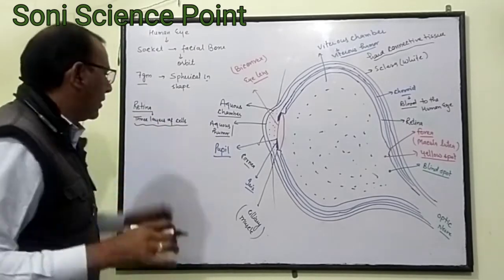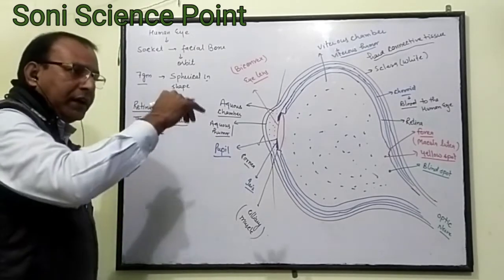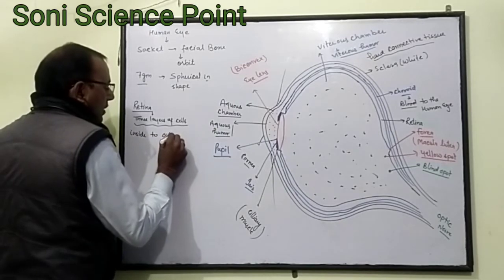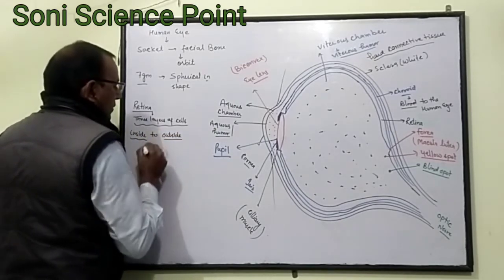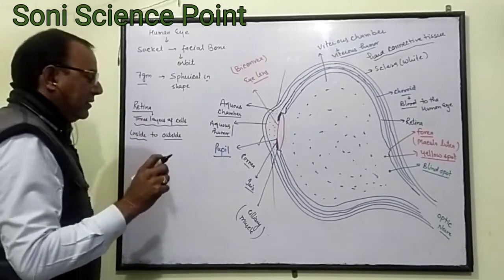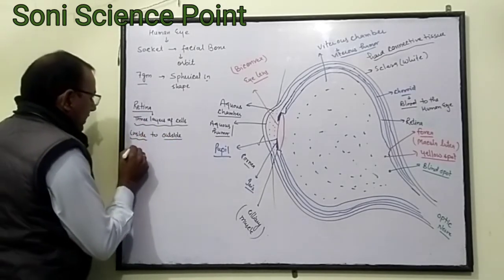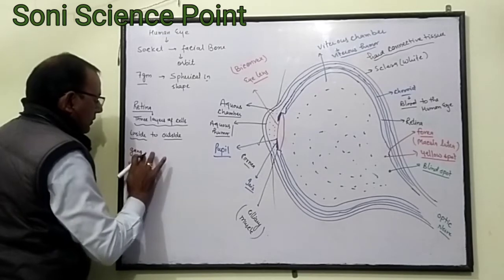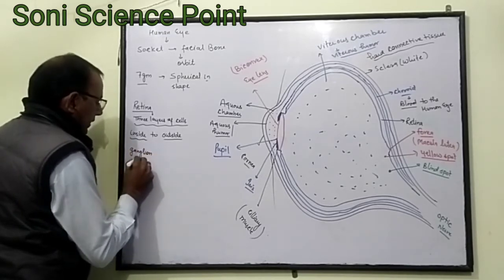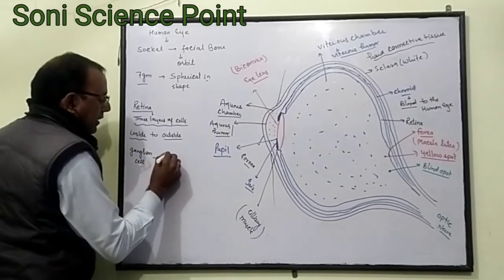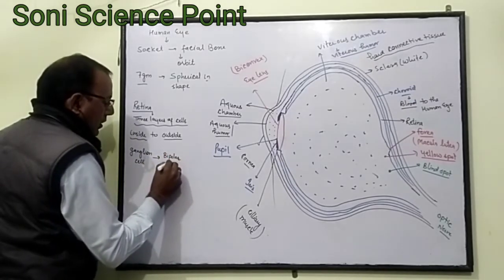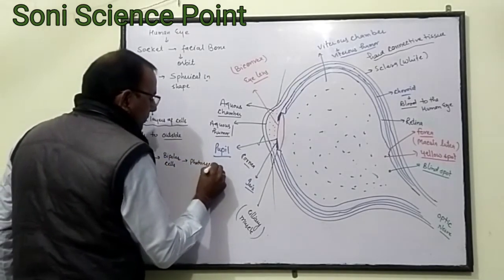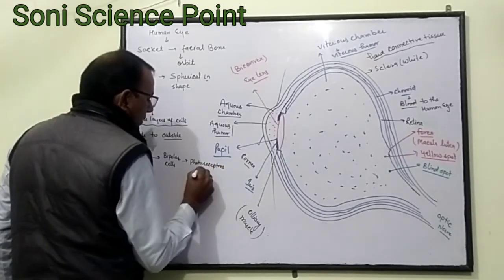It means 3 layers are present in the retina. If we see the retina's 3 layers from inside to outside, these layers of cells are: ganglion cells, after that bipolar cells, and after that photopigmented or photoreceptor cells.